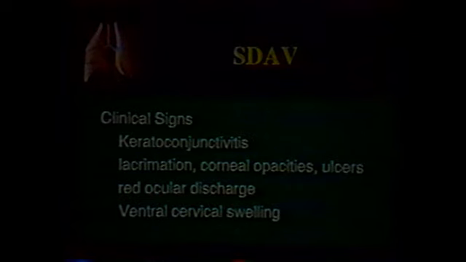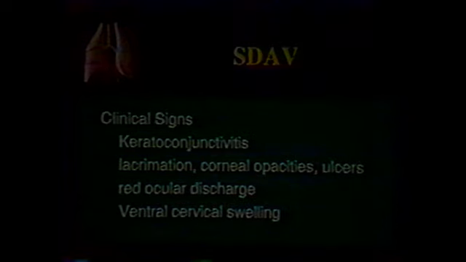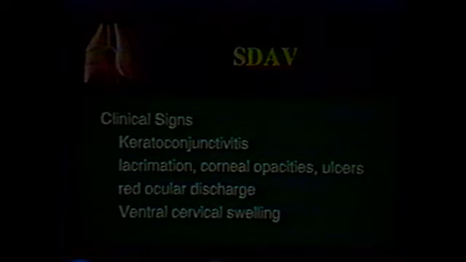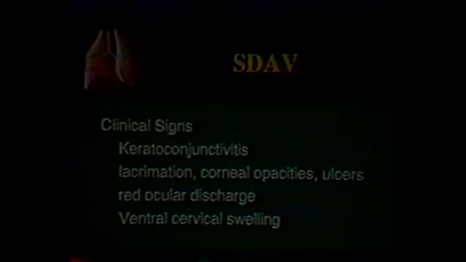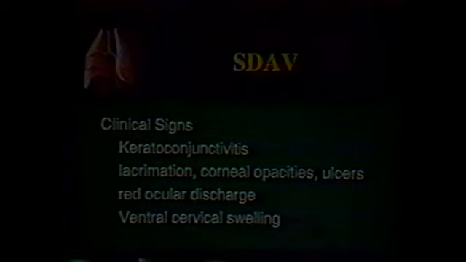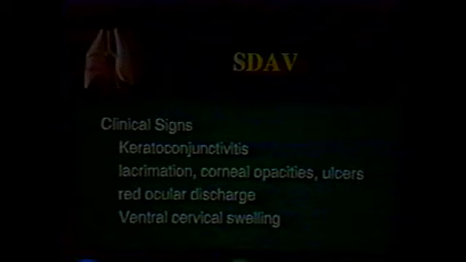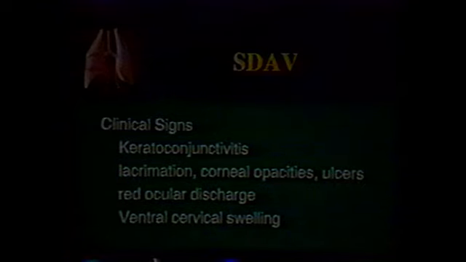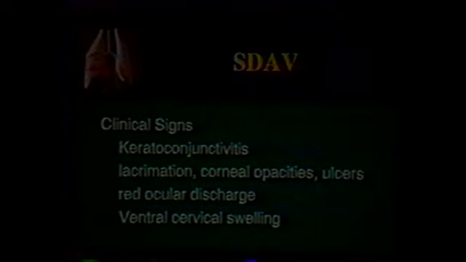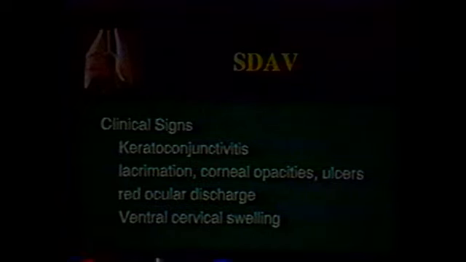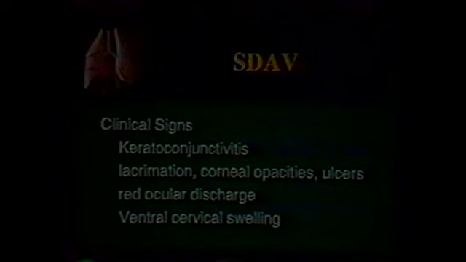The clinical signs we expect to see when you do have overt clinical infection, quite frequently you'll see signs of keratoconjunctivitis. There may be excessive lacrimation. The animal is exhibiting corneal opacities, which may progress to corneal ulceration. And they have this red ocular discharge that occurs as a non-specific response in many upper respiratory infections in rats.